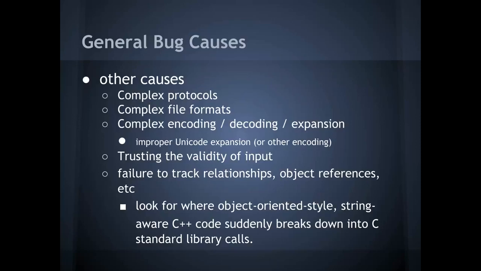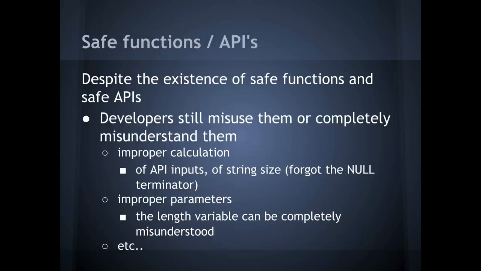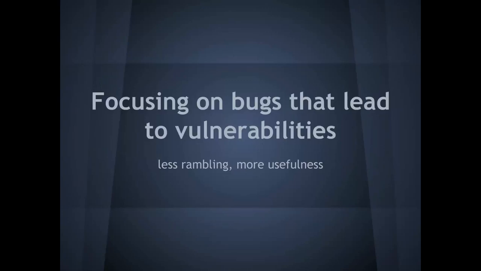Perhaps they were caused by complex protocols, complex file formats, complex encoding, decoding, etc. But really, a lot of that is just noise, and I found it more useful to focus on categorizing bugs and focusing on bug categories as opposed to just a heap of general strategies.